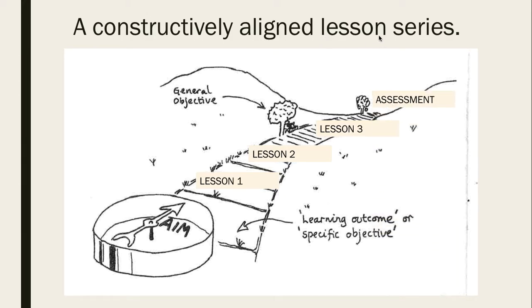When a lesson series is constructively aligned, there is a logical connection, a buildup from the overall aim and how this aim is assessed in a general objective, and more specific objectives per lesson.